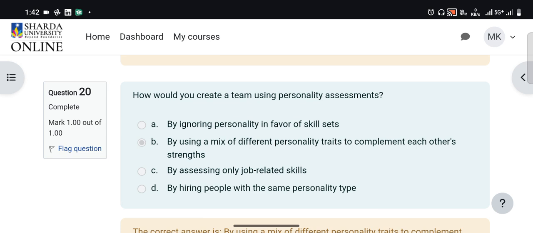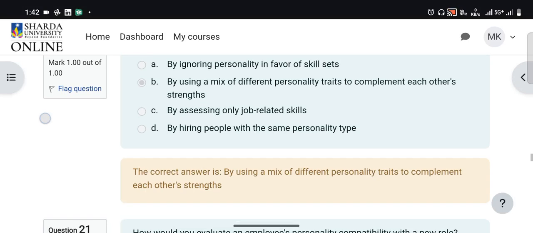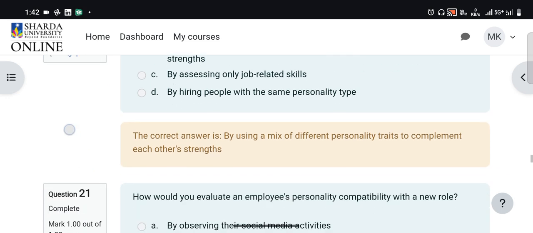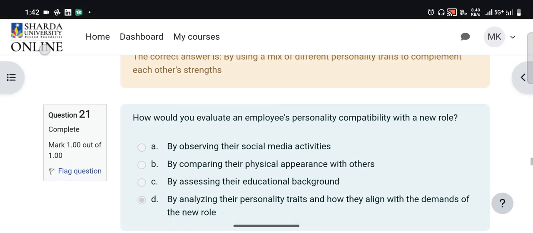Option C, by assessing only job related skills. Option D, by hiring people with the same personality types. The correct answer is by using a mix of different personality traits to complement each other's strengths.